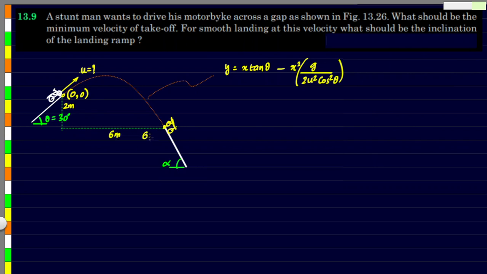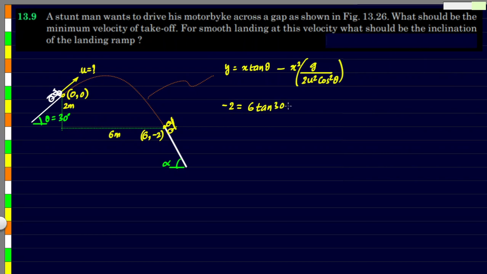So x comma y, the coordinates of this point will be 6 comma -2, because in y direction we are coming in downward direction. So these two coordinates we need to feed in our equation, and doing that will give us -2 equals 6 tan of theta.